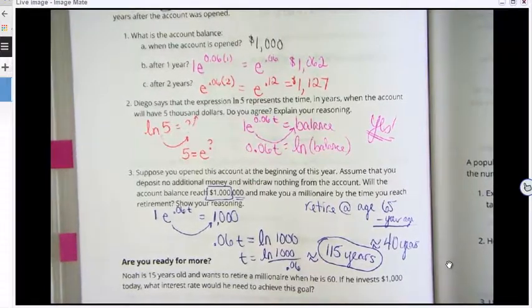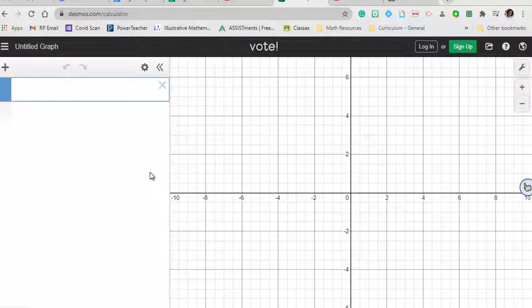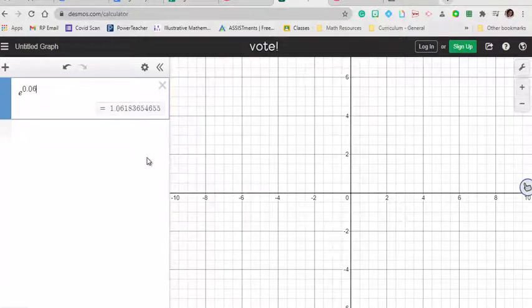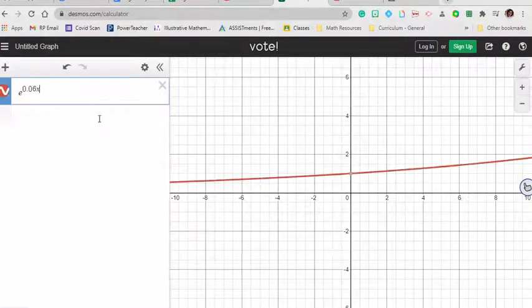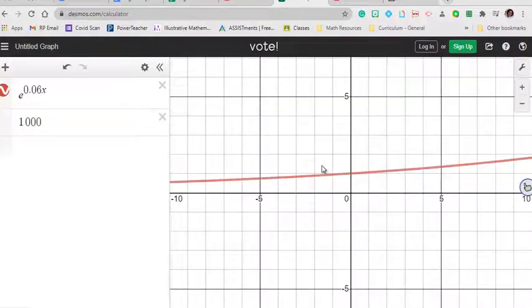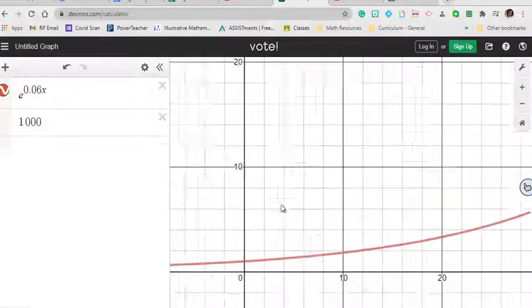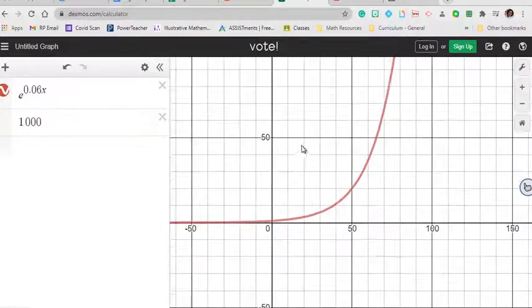Again, we could also put this in Desmos, plugging in our equation, e raised to the 0.06x, and see how long it's going to take to get to $1 million. Remember, represented by 1,000. I need to zoom way out because I need to see way up at 1,000.